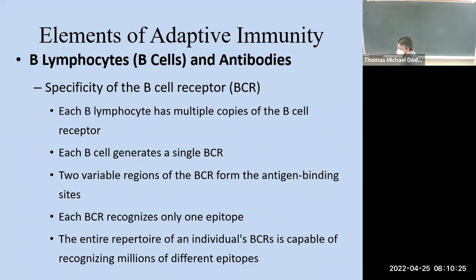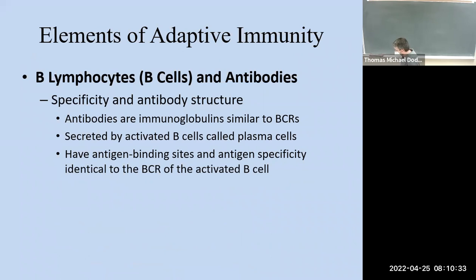There are millions of foreign shaped proteins that they can attach to. So they're really specific. And antibodies, like I just said, are very similar to those BCRs on the outside. I'm not trying to get you to remember the word BCR, but just that B cells have a piece on them.